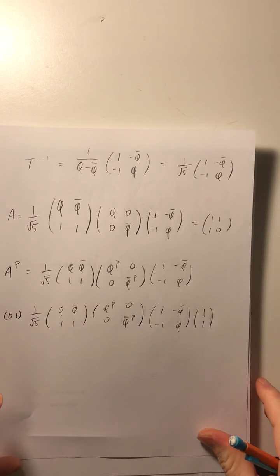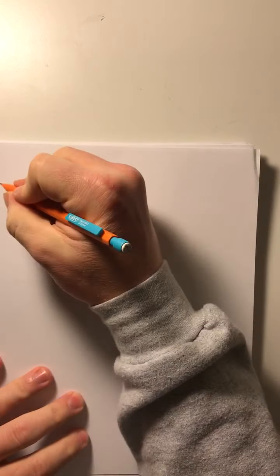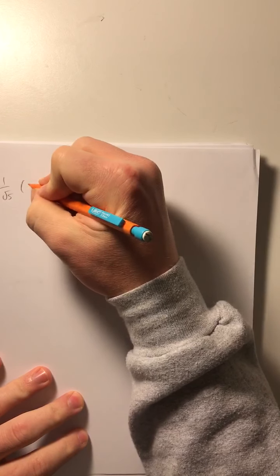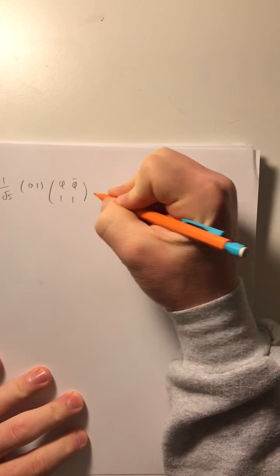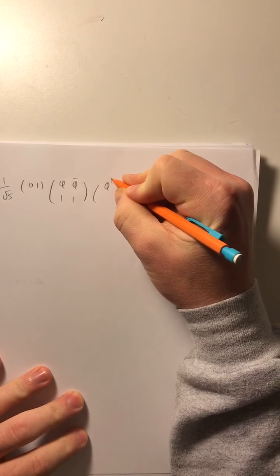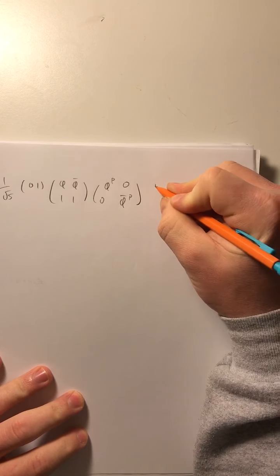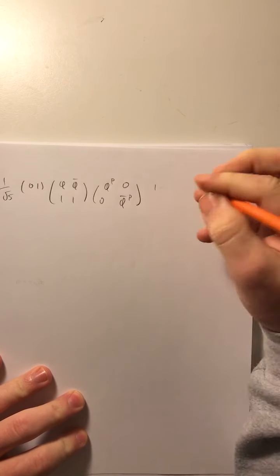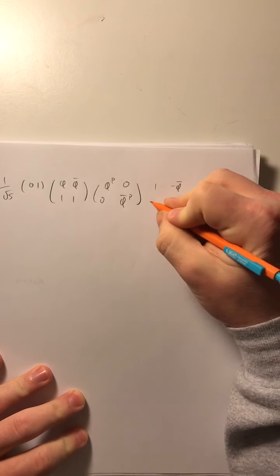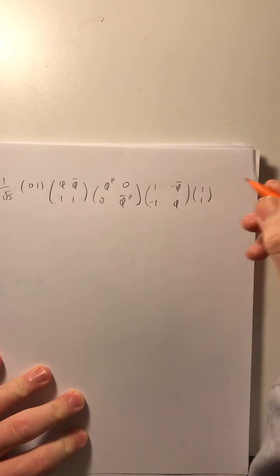Okay, so let's see if this goes somewhere. So I'm going to have 1 over the square root of 5 times 0, 1 times the matrix with phi bar, 1, 1, then phi to the power P, 0, 0, phi bar to the power P, then 1, negative phi bar, negative 1, phi, times 1, 1. Okay.